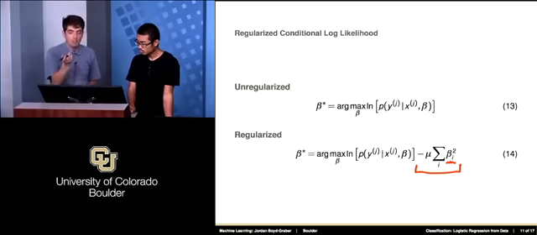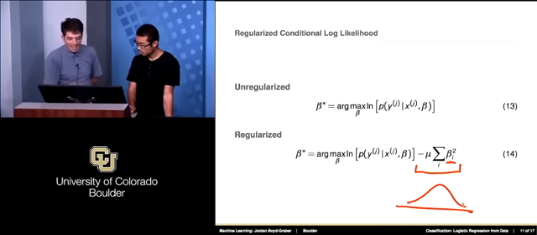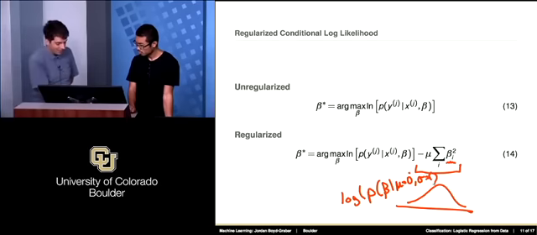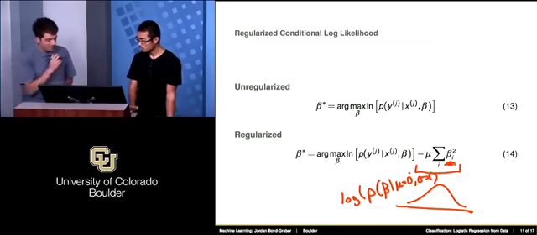The probabilistic interpretation, which is discussed at fair length in the book, is that you're assuming that your beta distribution comes from a Gaussian, and this looks something like the log probability of beta coming from a Gaussian with mean 0 and unit variance. So if you take the log of this, that looks something like a quadratic.